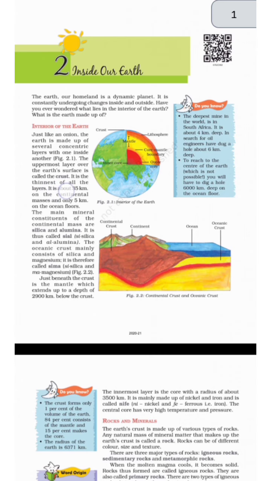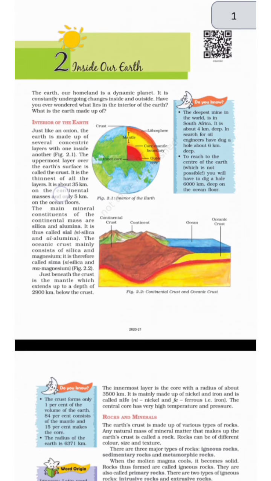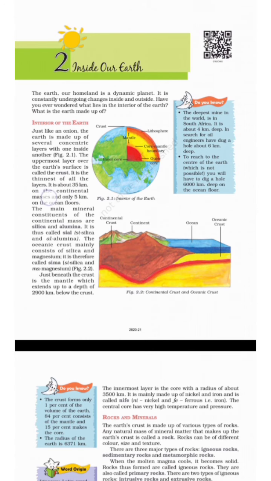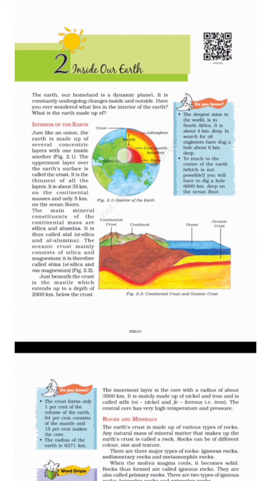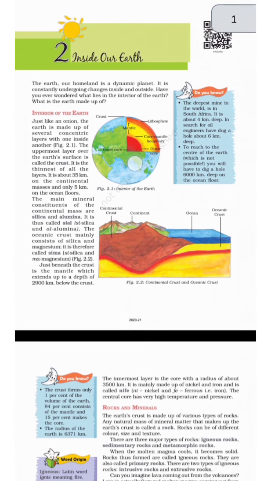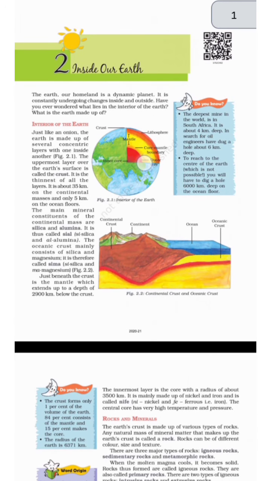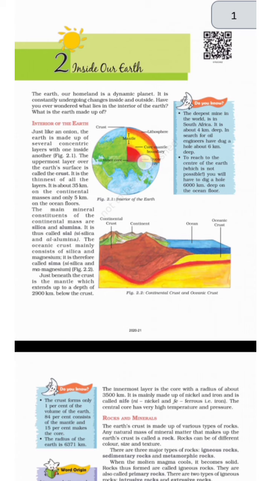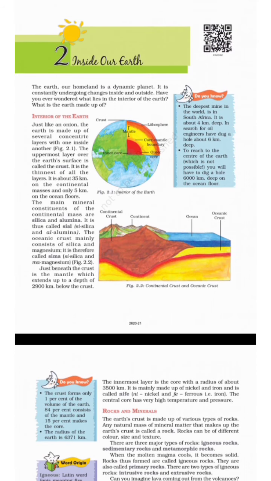It is about 35 kilometers on the continental masses and only 5 kilometers on the ocean floors. The inner side of the Earth looks like an onion. The onion has so many layers in its inner side, right? Likewise, the Earth also has layers in its interior. Like this.